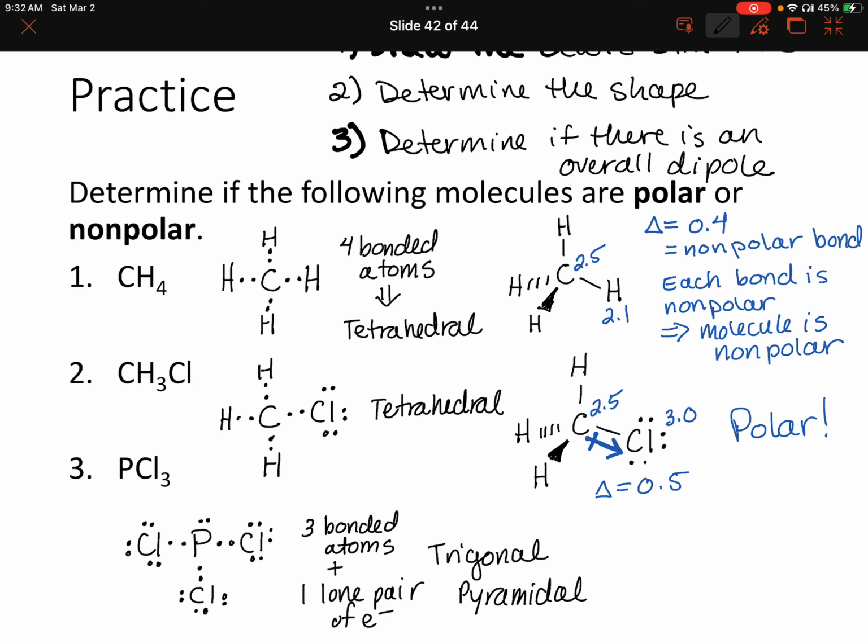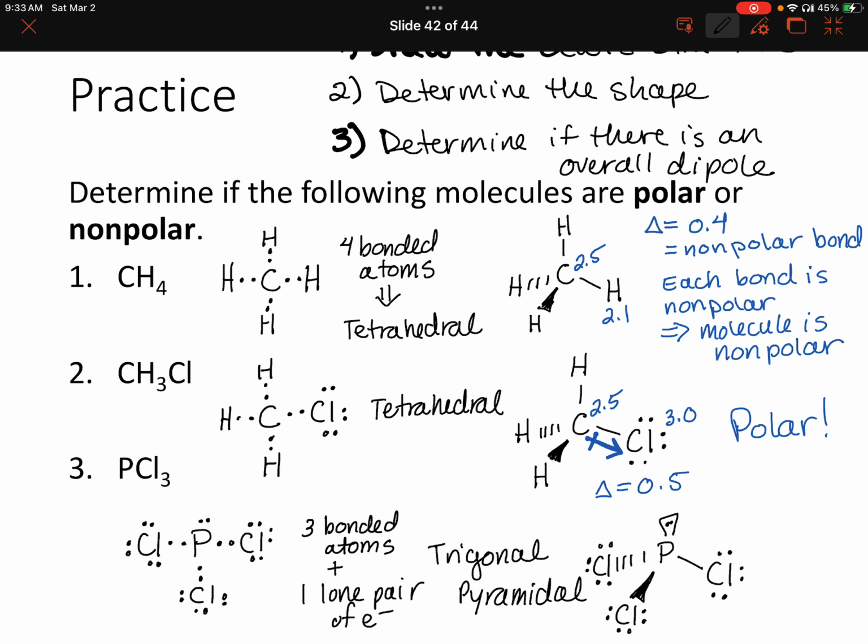So let's draw that. Let's draw phosphorus with one of its chlorines in the plane of the paper. One is going to come out towards us, so out of the page, and one's going behind the page of the paper. And then, of course, we have this lone pair of electrons up above, which I like to just draw as a little balloon up above.